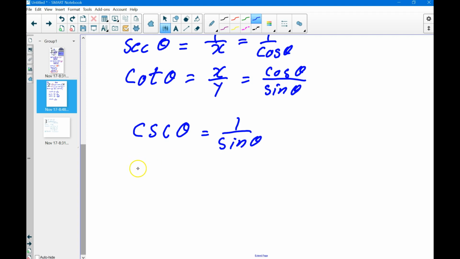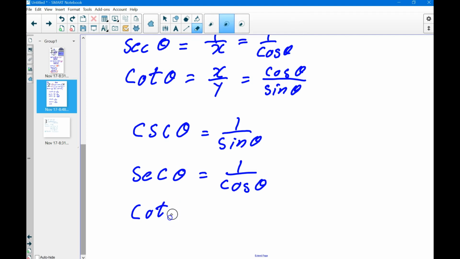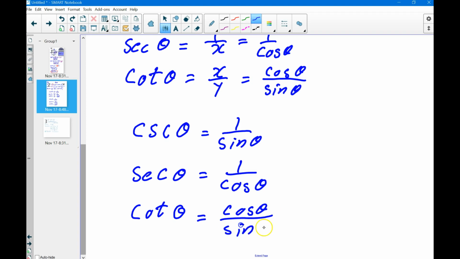We see that secant theta is equal to 1 over cosine theta, and we know that cotan theta is equal to cosine over sine. Hopefully that all makes sense and you're following along.